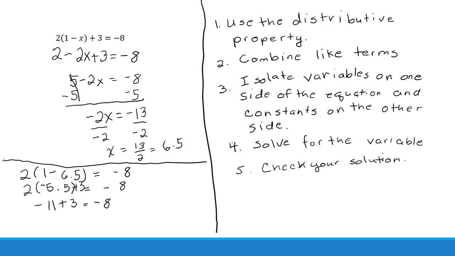And when I subtract 3 from 11, I get negative 8, because we always keep the sign of the greater absolute value. Negative 8 is equal to negative 8. So x equals 13 halves, or 6 and 5/10.